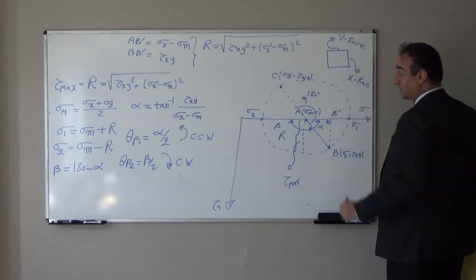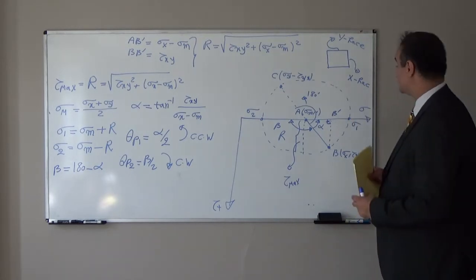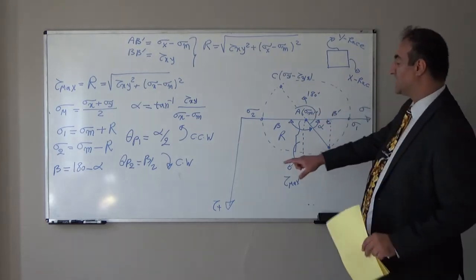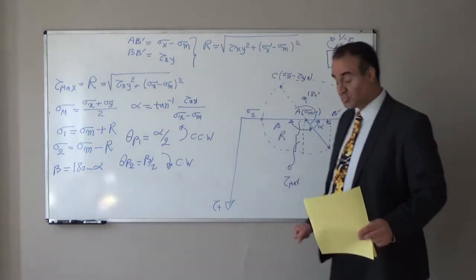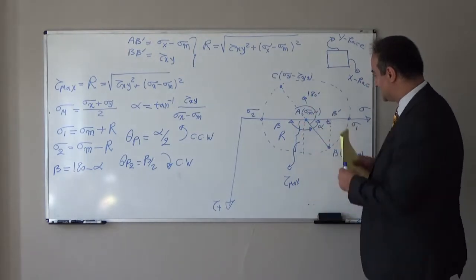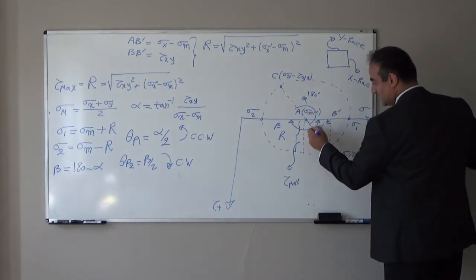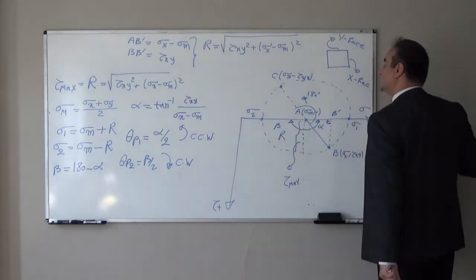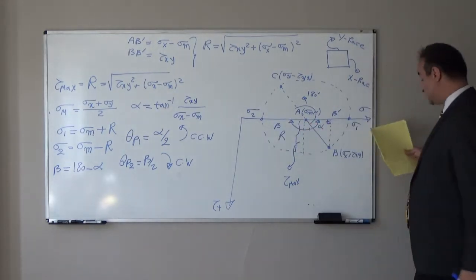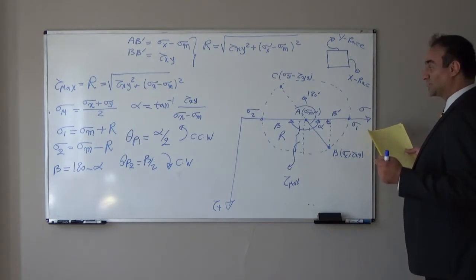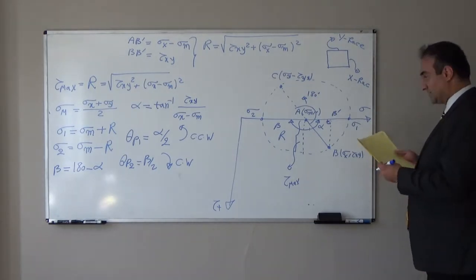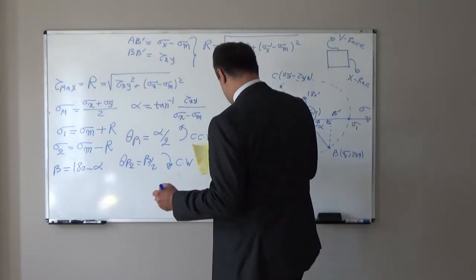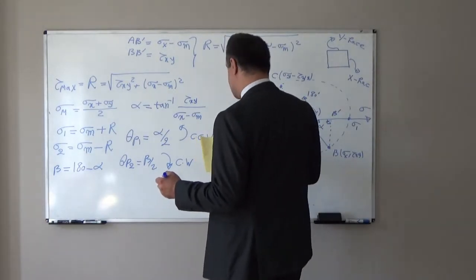So if we rotate this face by beta over 2 clockwise, this time the rotation is clockwise, that face will be towards the minimum stress. So if I want to draw the element, I should draw it like this.